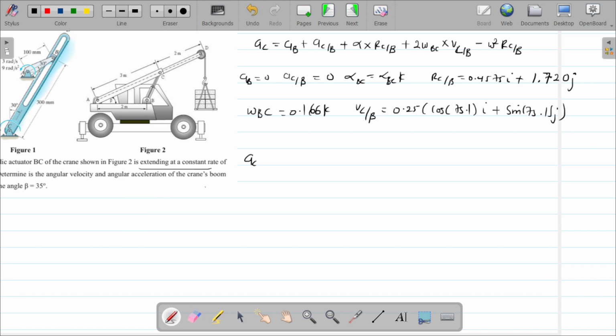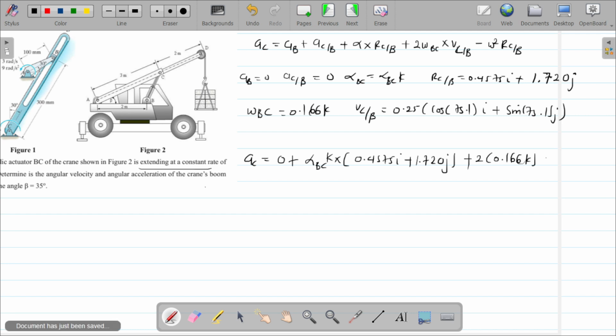So acceleration of C will be equal to 0 plus alpha BC K cross 0.4575 I plus 1.720 J, then plus 2 times omega 0.166 K cross the velocity.